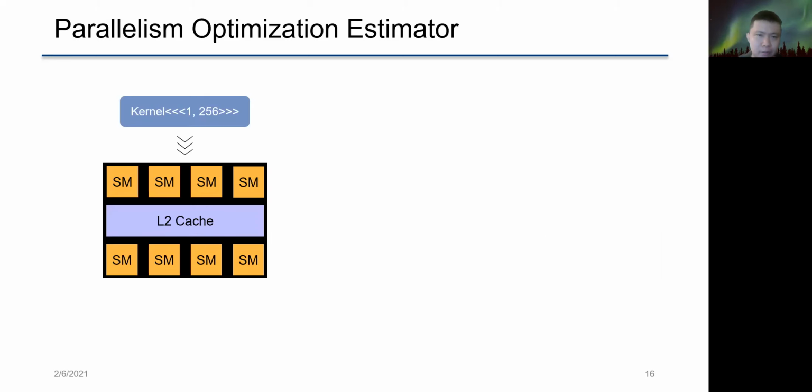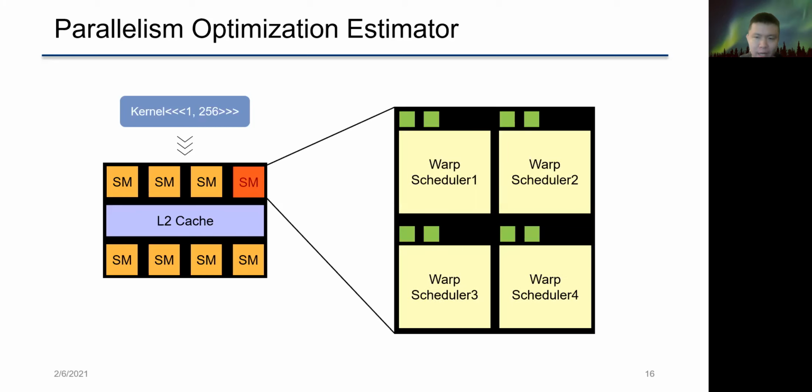We also developed estimators for parallelism optimizations, which consider the thread distribution on SMs. Suppose we have a kernel which occupies only one SM and each block has 256 threads. Then essentially within this SM, we have 8 warps spread on 4 warp schedulers.